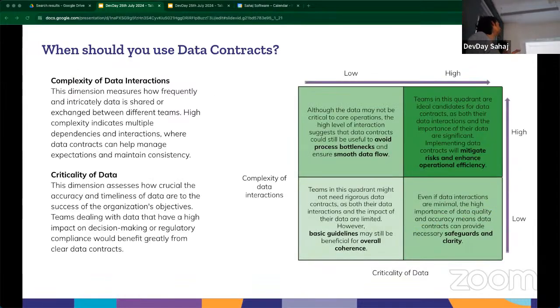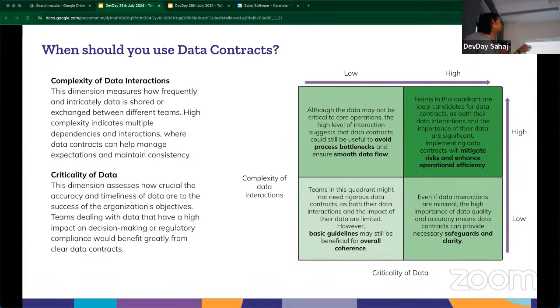The other thing that you may want to think about before you start diving deep into data contracts is whether it's relevant for the problem that you're looking at. So briefly, there's two dimensions here to consider. One is the complexity of data interactions. This is to deal with if you have a lot of teams involved and a lot of data being exchanged with those teams.